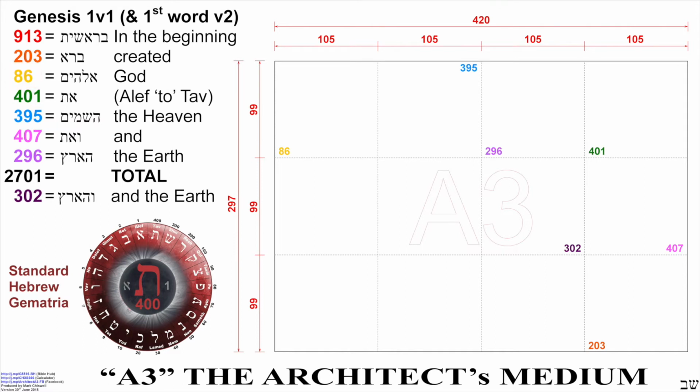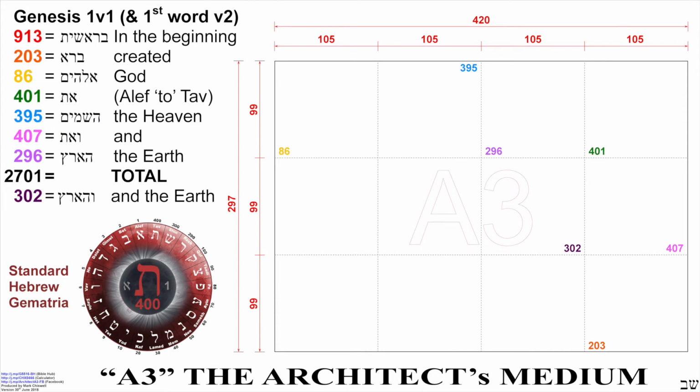The gematria for the untranslatable word eighth is 401, as shown by the green text. The gematria for the Hebrew word for the heaven is 395, as shown by the blue text. The gematria for and is 407, as shown by the pink text.